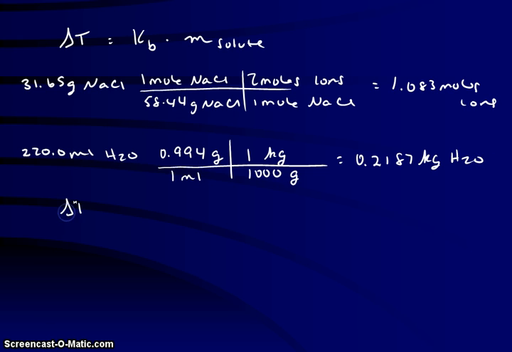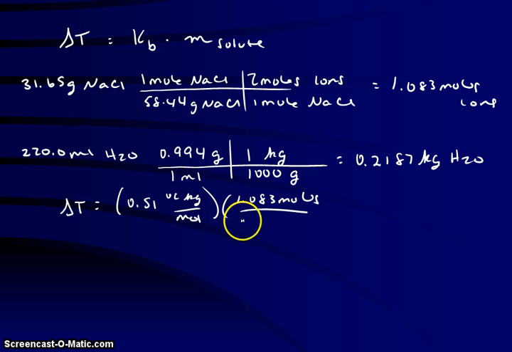So our boiling point is going to be changed due to the constant, so we'll put that in: 0.51 degrees Celsius kilogram per mole times 1.083 moles of solute per 0.2187 kilograms of solvent.